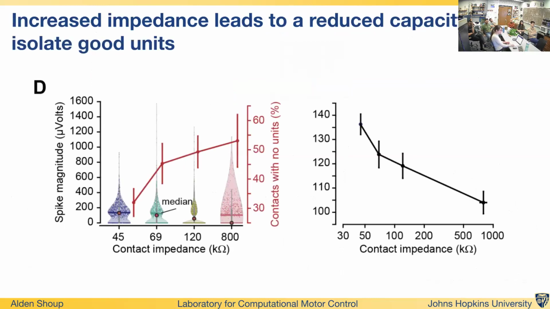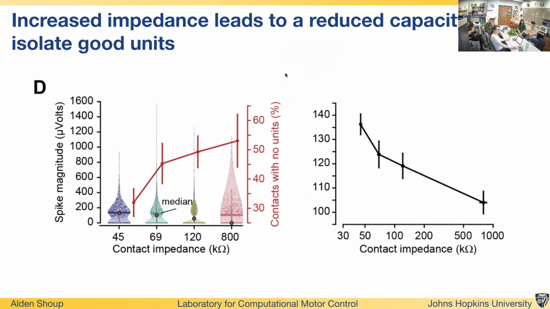So we did that. We have 61 days of recording where we have both a pre-recording impedance measurement in saline and a count of the number of units and the magnitude of the units on each contact.